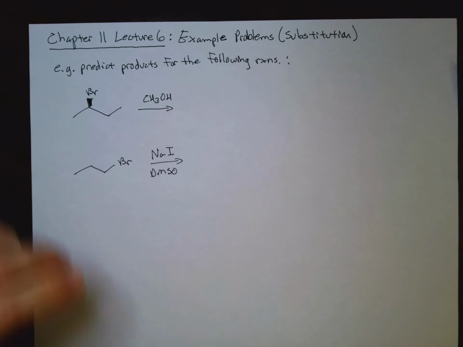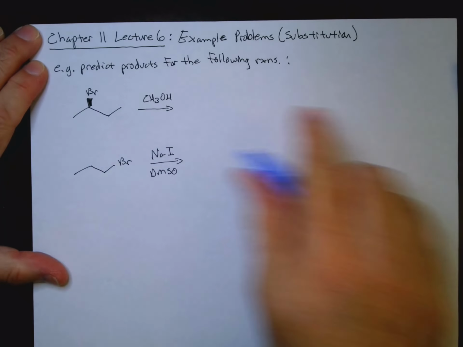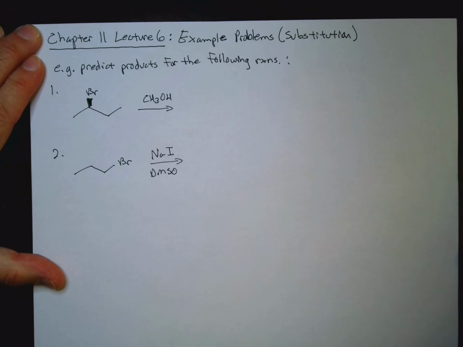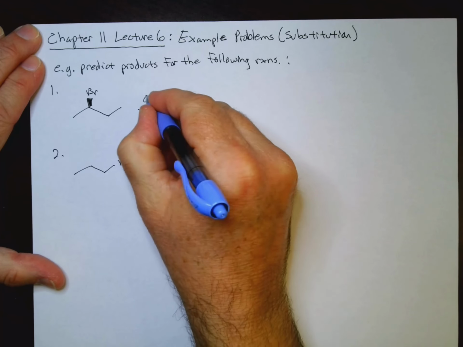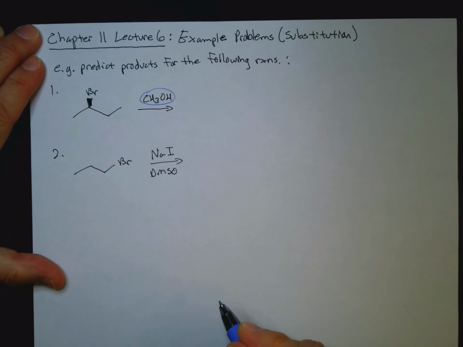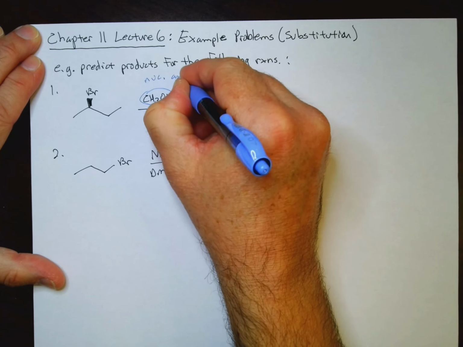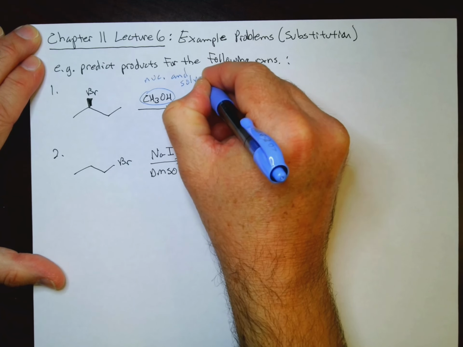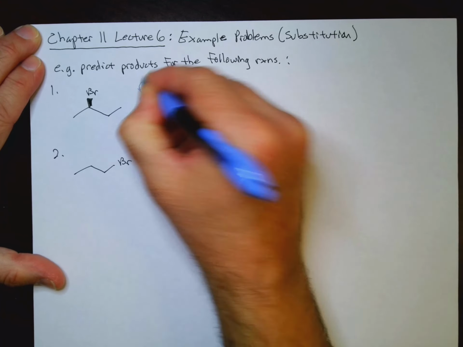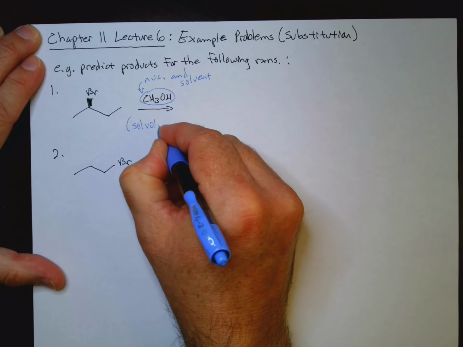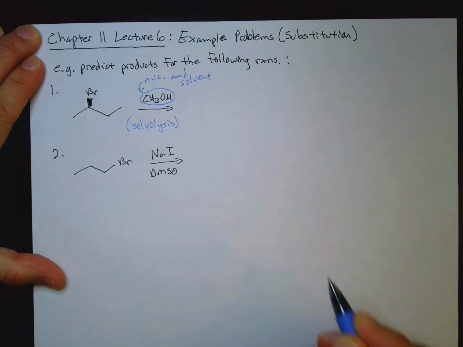All right, that's better. So in this first one, let's call these 1 and 2. In number 1, my methanol is my nucleophile and solvent, and this is an example of a solvolysis reaction.